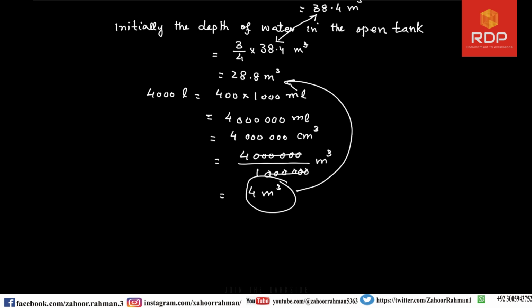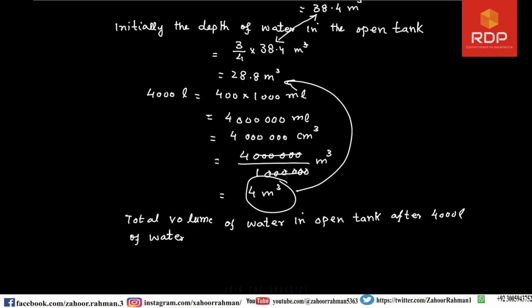So total volume of water in the open tank after 4,000 liters of water are added to it is equal to 28.8 plus 4, and that will be equal to meter cube.